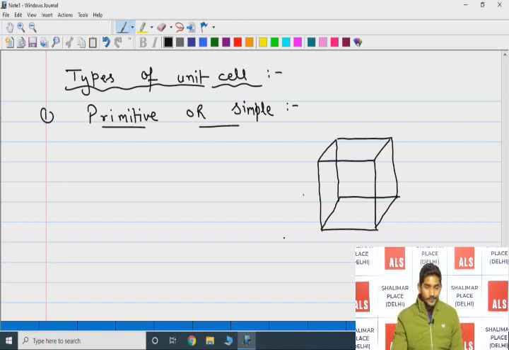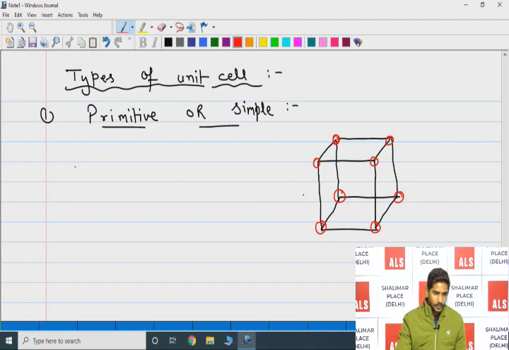Primitive means we will have the atoms. Solids, or we can say crystals, are nothing but the regular arrangement of particles, and we assume the particles have a spherical shape because of the atom. So in case of the primitive or simple unit cell, I'll have atoms or ions or molecules, whatever it is, all spherical in shape, but the condition is they should be present only at the corners, like 1, 2, 3, 4, 5, 6, 7, 8.